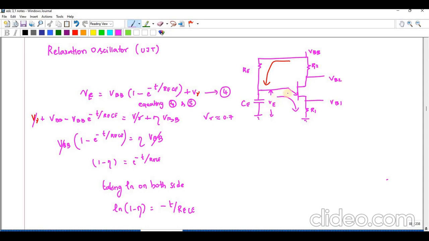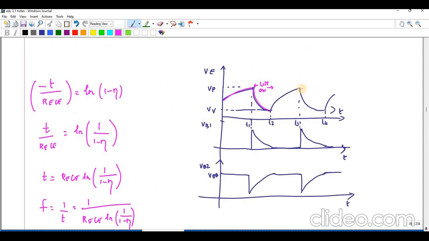Once the transistor gets turned on, this is similar to the waveform of this one above, equation V. The inverse of this one is the voltage across the VB2.